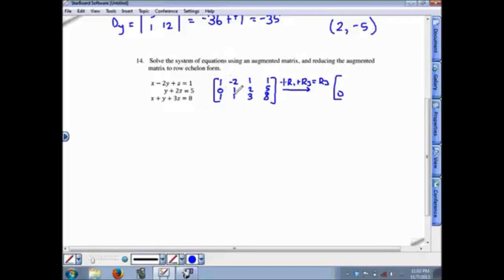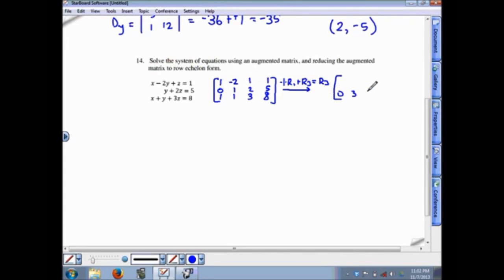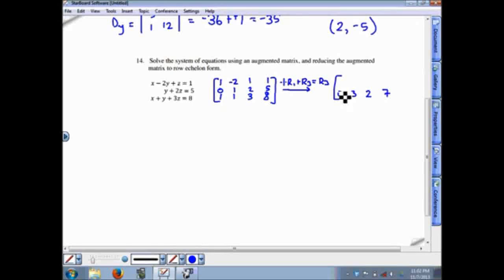Negative 1 times row 1 here is 2. 2 plus 1 is 3. Here, negative 1 times row 1 is negative 1 plus 3 is 2. Negative 1 times row 1 here is negative 1 plus 8 is 7. That's all that's been affected so far.